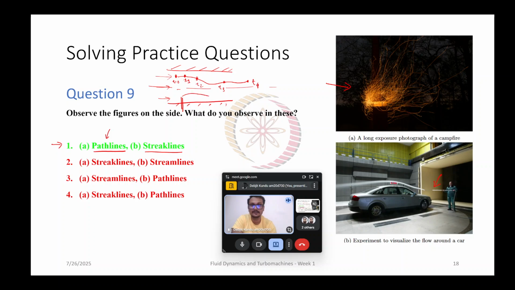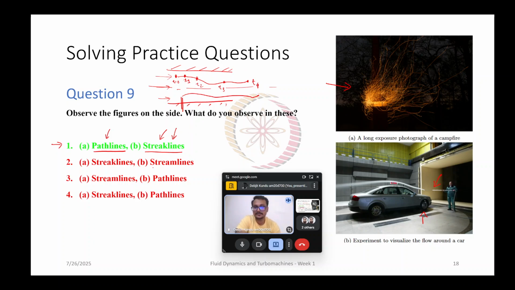That colored liquid will now flow as well, and that would also trace some kind of a line. That is known as a streak line. These are the most common ways of visualizing flows experimentally. So that's what this thing does. It continuously releases smoke, and that smoke traces out a shape which gives me an idea how the flow is actually happening.